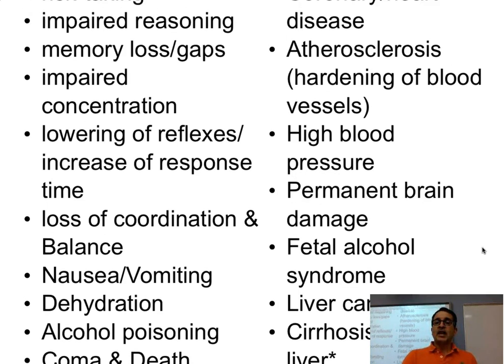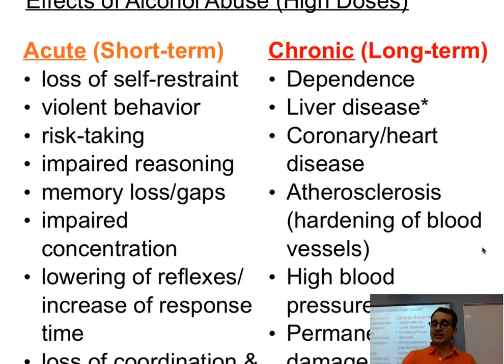If you have a chronic dependence on alcohol, you can develop liver disease. It can also cause heart and coronary disease because it causes the hardening of the blood vessels, otherwise known as atherosclerosis.